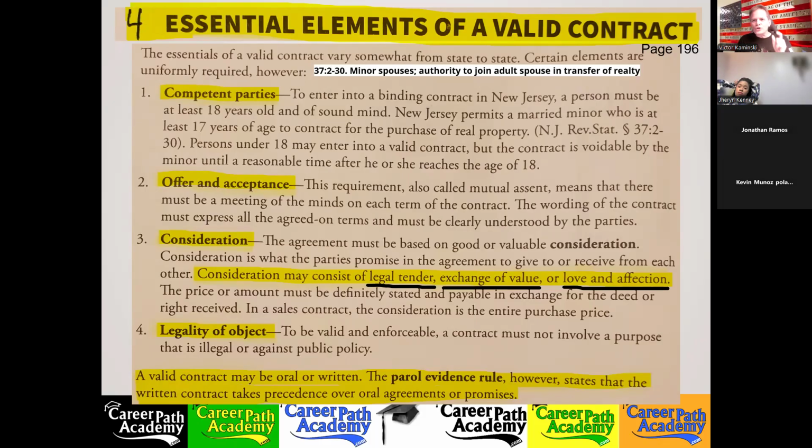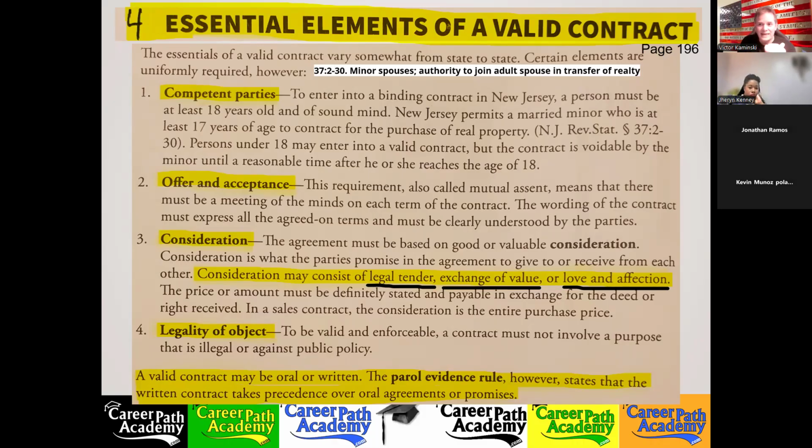In the past, a minor could get married with parental consent in New Jersey. Now they cannot. So, despite what it says here in the book, the book still has the same saying. And that's only because that law is still written on the books in New Jersey, that says that minor spouses have the authority to join adult spouses in the transfer of ownership of real estate.